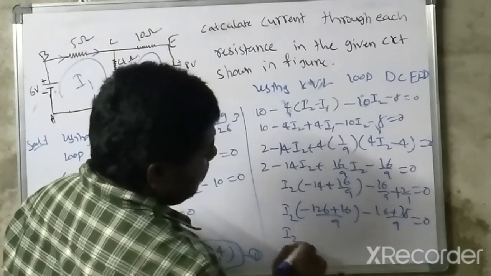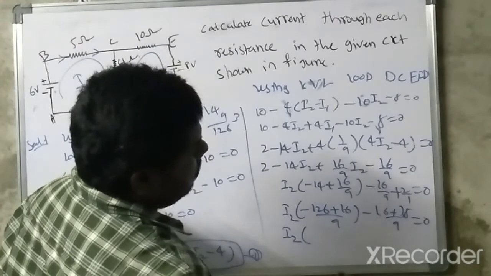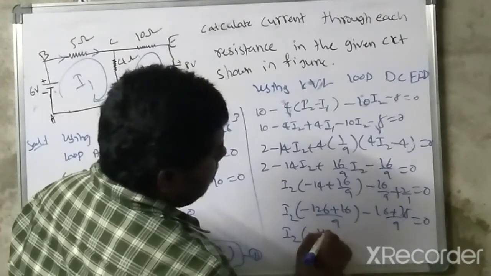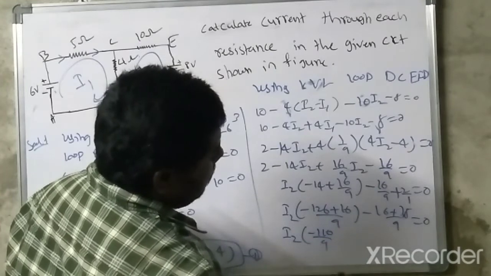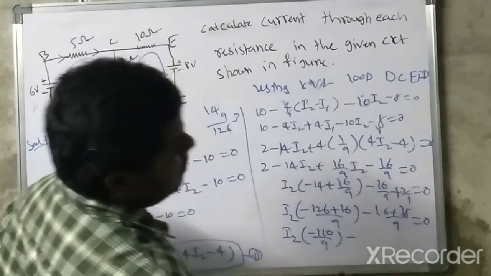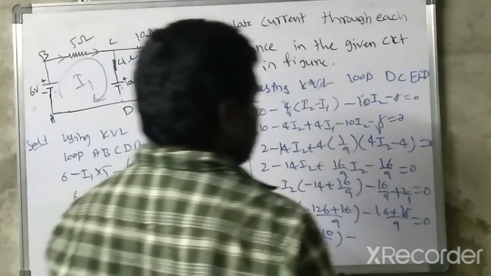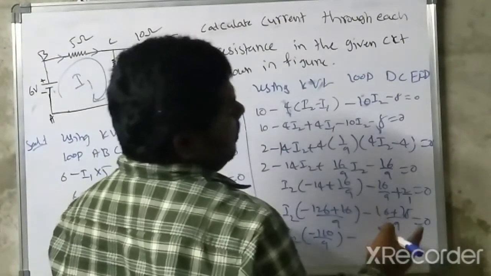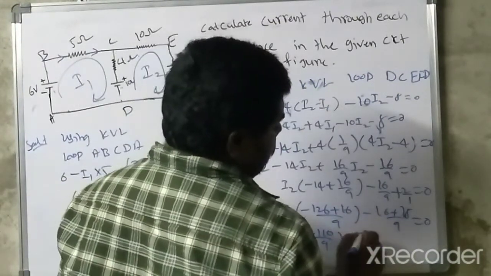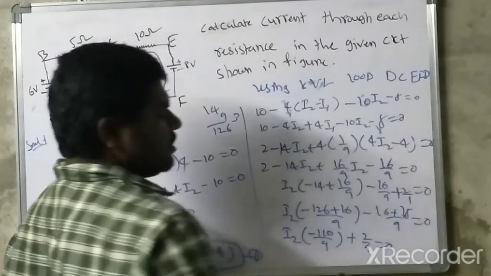So from this one, I2 of minus 110 divided by 9 plus 2 by 9 is equal to 0. Take out the LCM again.